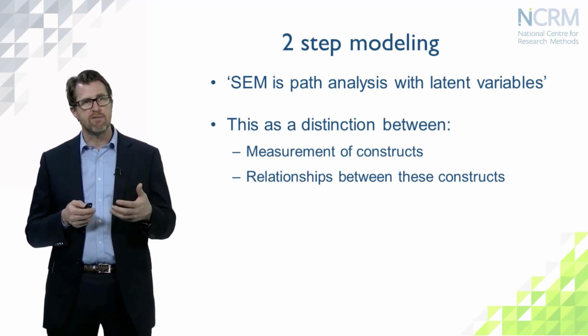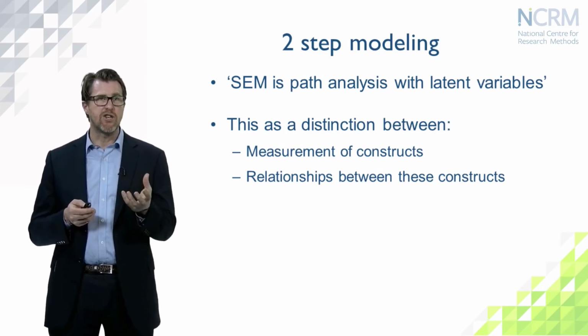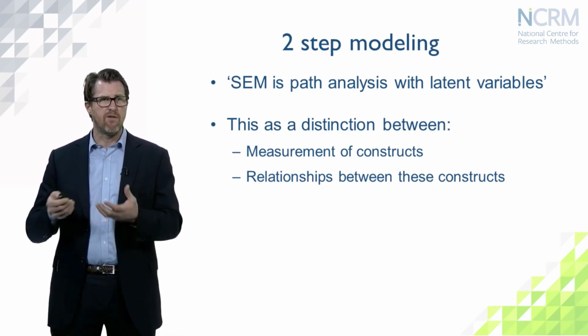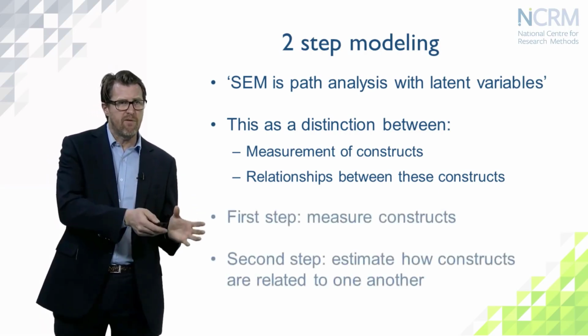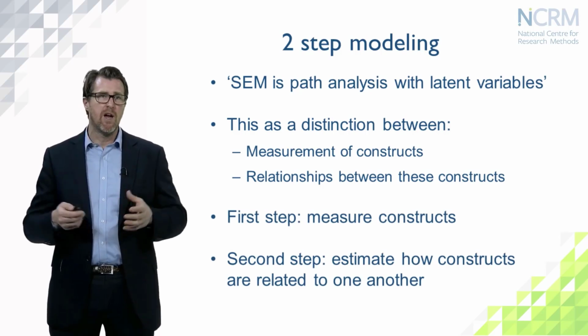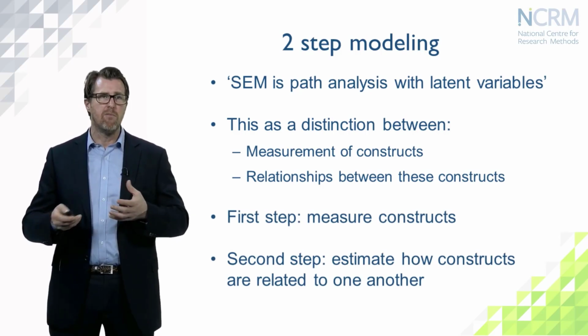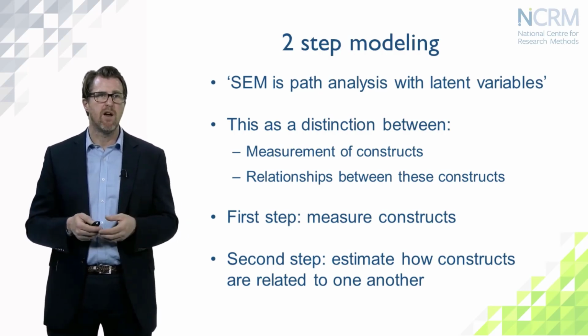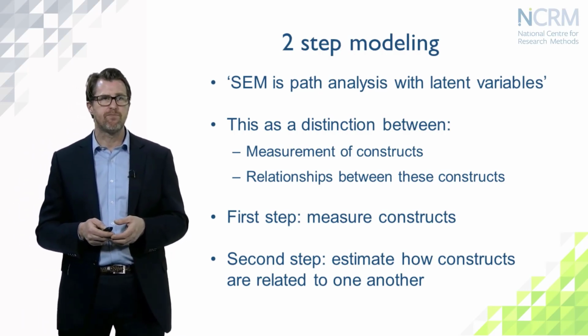And then the second part is looking at the relationships between those measured constructs. So there's, if you like, an emphasis firstly on measurement and measurement accuracy and adequacy, and then secondly, moving on to look at the structural relationships between the constructs that we've measured.